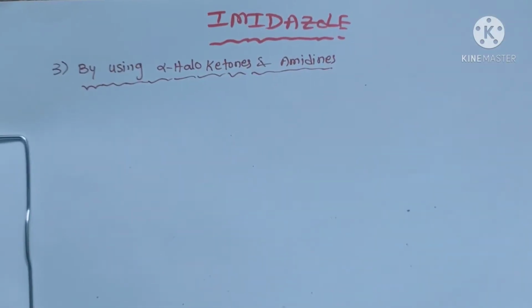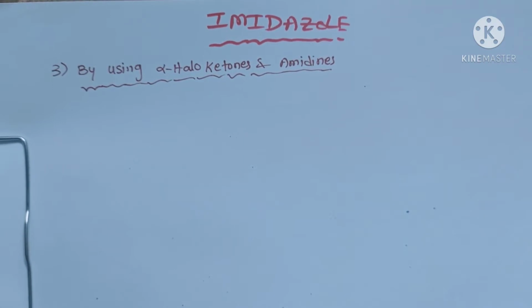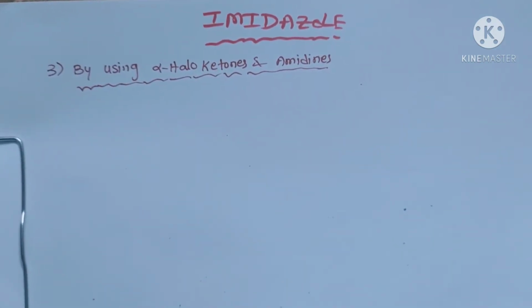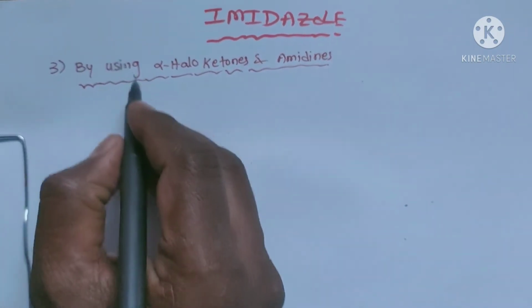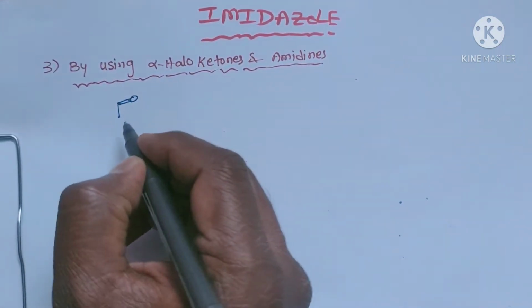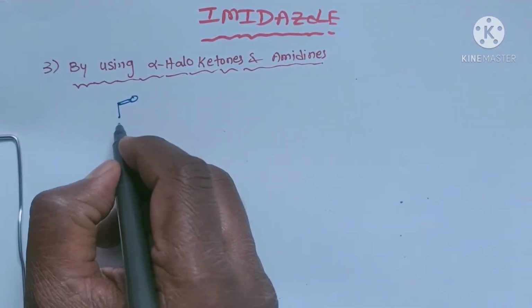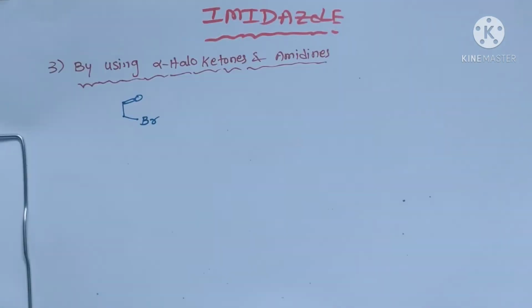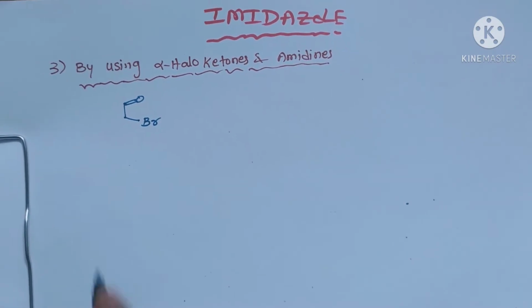Now we go for the third preparation method of the imidazole. In this method we use alpha-haloketones and imidines as the starting materials. So look here, if it is the keto group, in the alpha position we have to put one halogen. For halogen we are writing bromine.